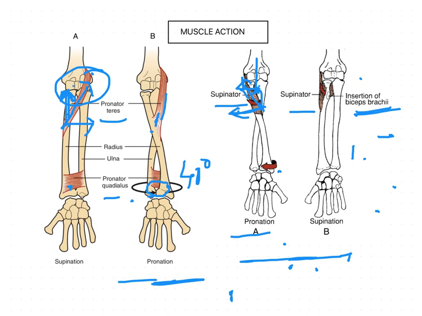Some studies have also been done on the distal radio-ulnar joint, on the muscles which give support, and the other structures related to the distal radio-ulnar joint, which give stability in both static as well as dynamic conditions. Those things we are going to see in the next video.